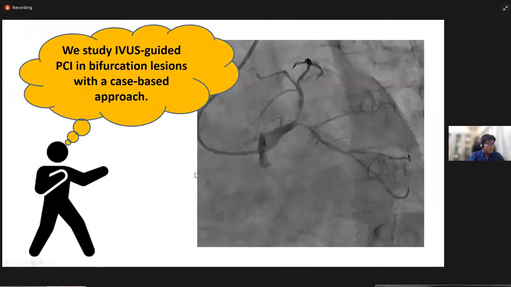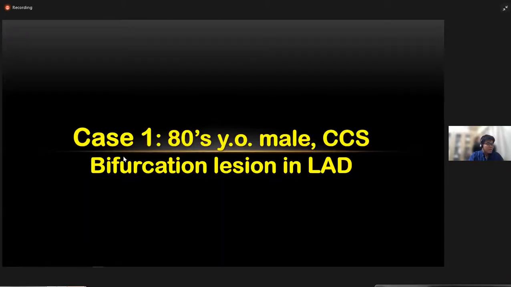In my lecture, we study IVUS guided PCI in bifurcation lesion with a case-based approach. The first case is an 80 year old male presenting with chronic coronary syndrome. The target region is the bifurcation region in the proximal LAD.